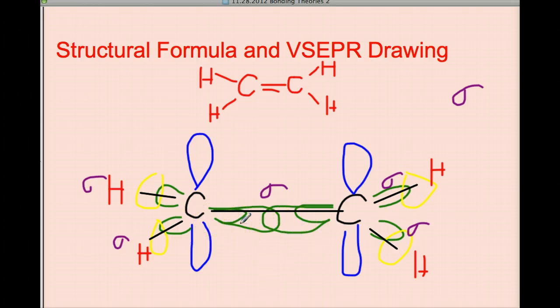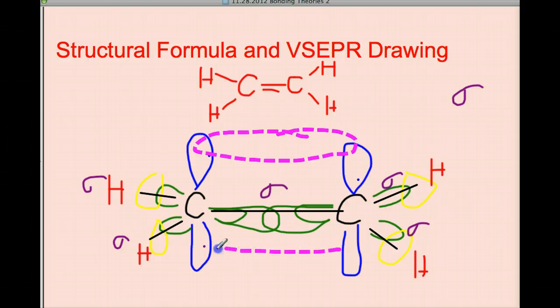Now that last pair we notice is in this py orbital, and we have to figure out how can I create a bond, because sometimes it's up here, sometimes it's down here. Just like we did last time, if these bonds get closer and closer together, what we notice is, and let's use this color right here, the top part's going to break and create a sausage-like orbital up here, as well as the bottom.